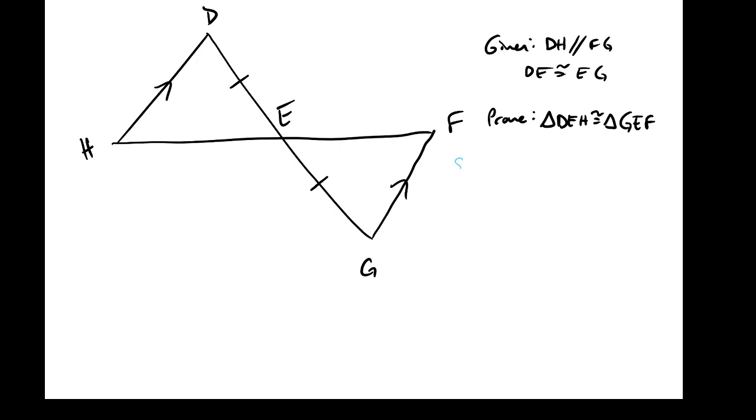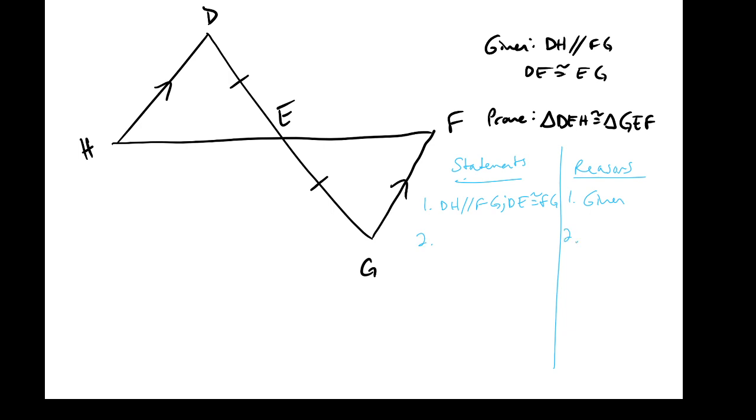So let's go ahead and see if we can use that information to our advantage here in our two-column proof. Remember what we need total. We need three sets of congruent statements. Right now, from our given, we only have one, okay? So let's go ahead and rewrite this guy. And that is our given, okay?